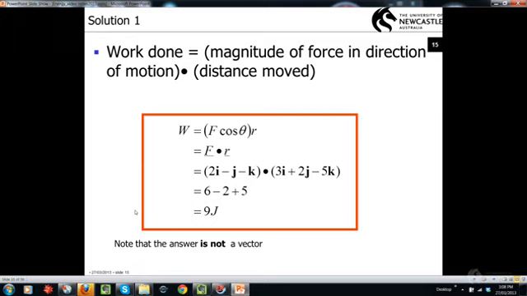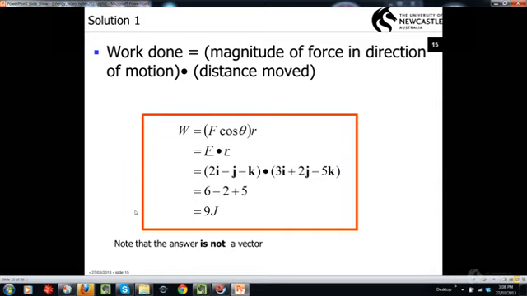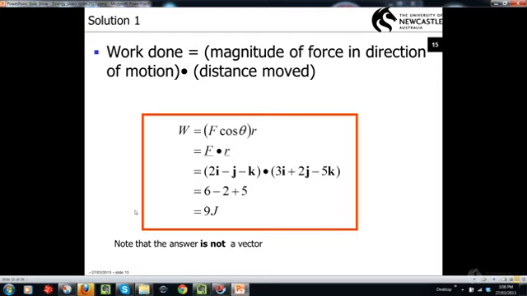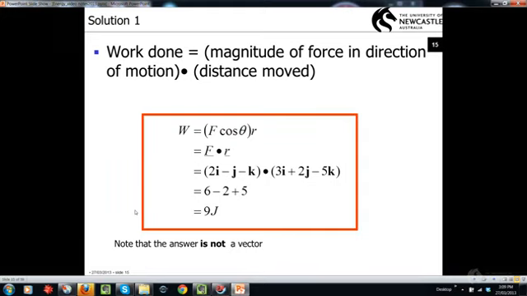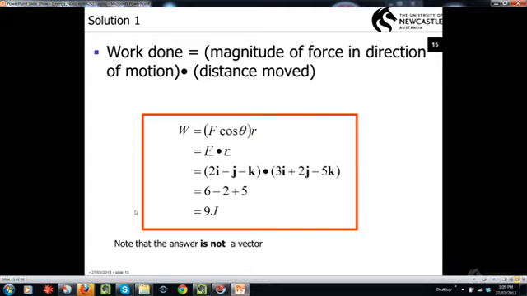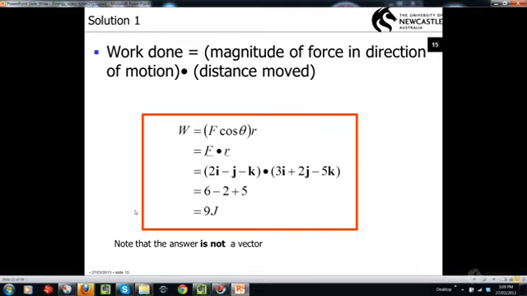And if you refer back to the formula I had earlier, we have ax times bx, 2 times 3 is equal to 6, plus ay times by, minus 1 times 2 is minus 2, plus az times bz, minus 1 times minus 5 is plus 5. 6 minus 2 plus 5 is equal to 9 joules. There is no direction involved in this.